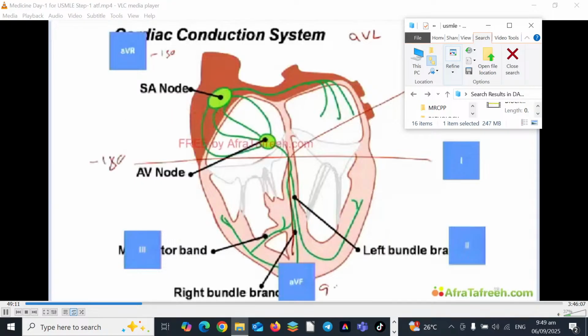Because this was 90, this becomes 60, because this is 0, this becomes 60 and this becomes your 120 degrees. Is it clear now? Do you get an understanding of what is going on? Okay.